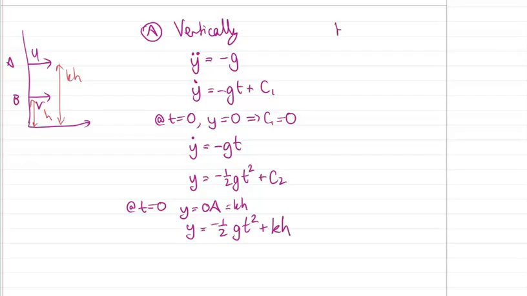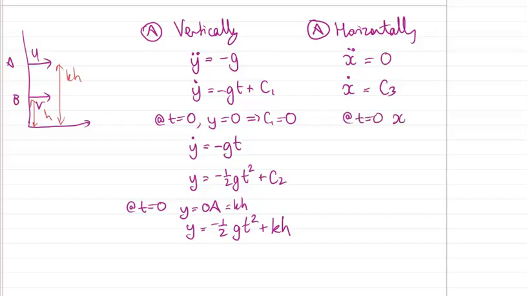All right, let's work horizontally through what's going on with A. So the acceleration in the horizontal dimension is nothing. So x dot must just be some constant. I know that at t equals 0, that initial speed is being given to us by u.